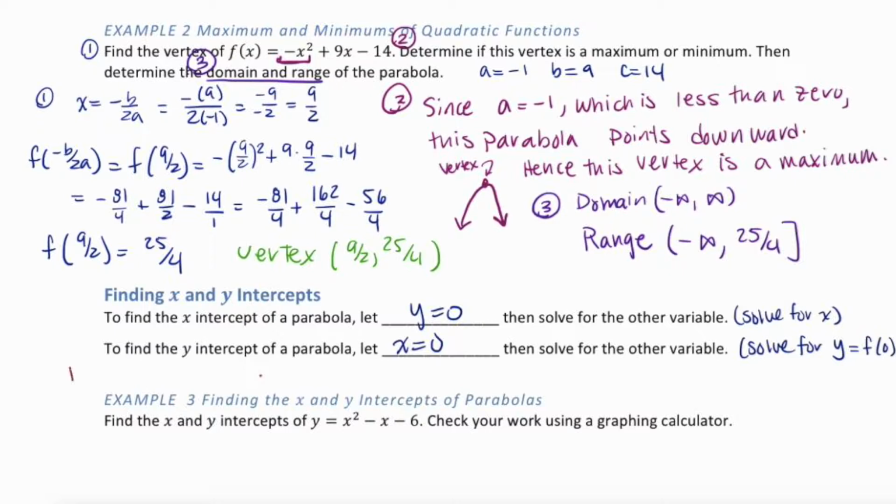Now here is a very important note. You can have only one y-intercept. So there is exactly one y-intercept for every parabola.